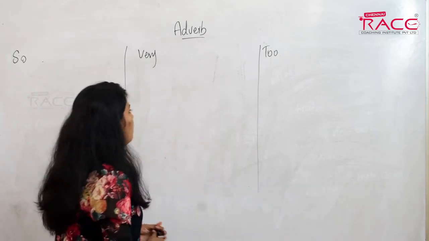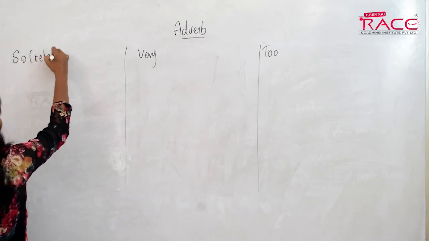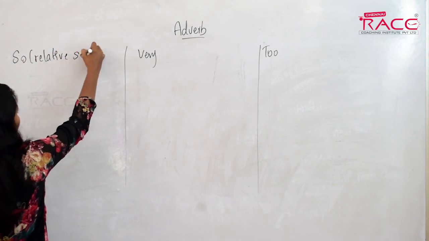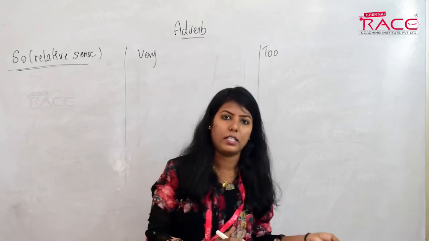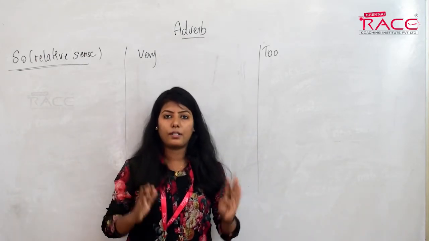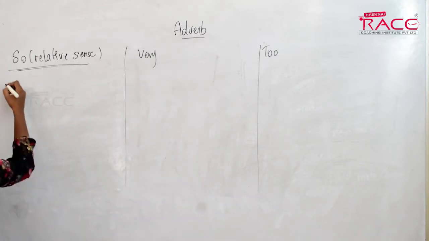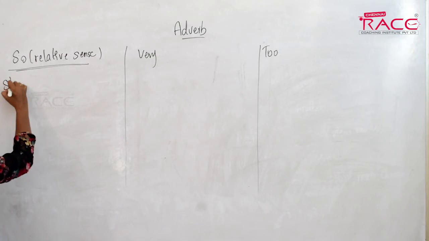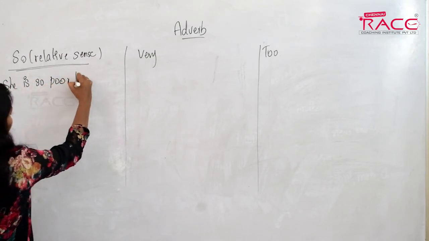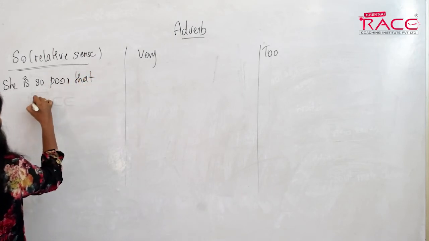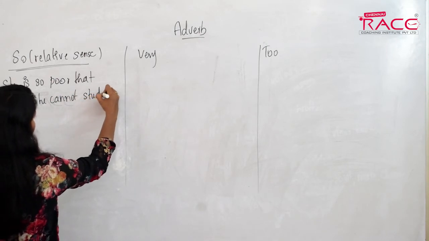Okay, so I'll tell you. You use so in a relative sense. Relative sense means to relate one thing to another. For example, when I say she is so poor that she cannot study further.